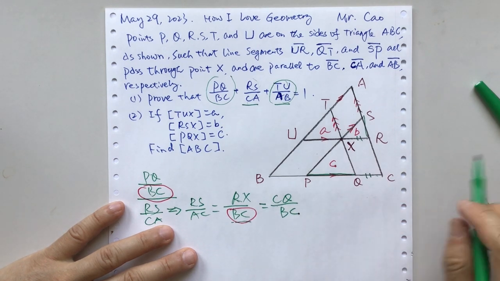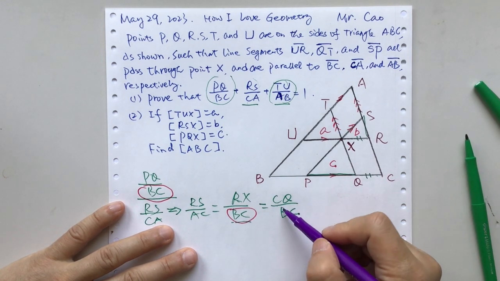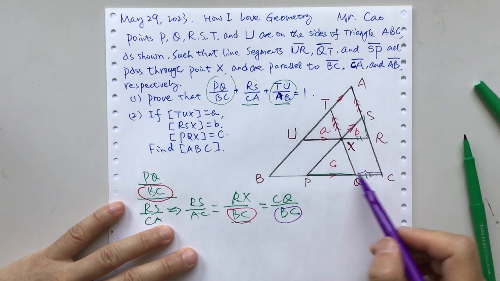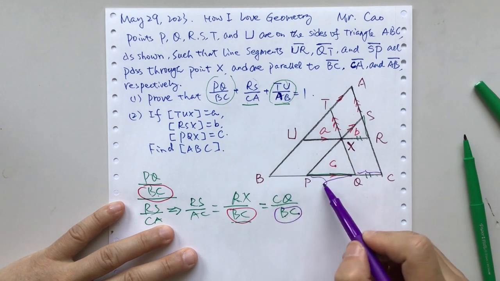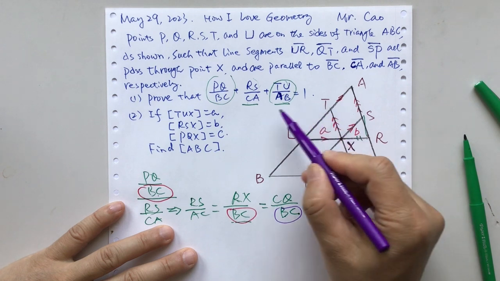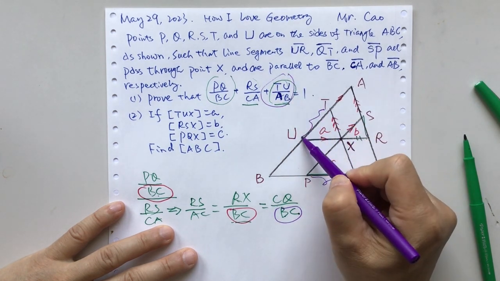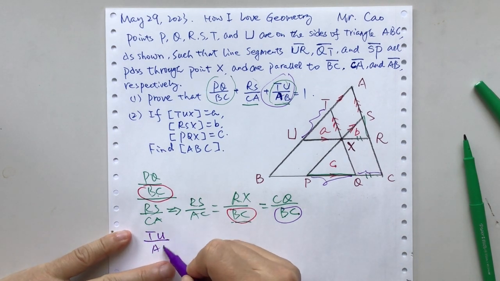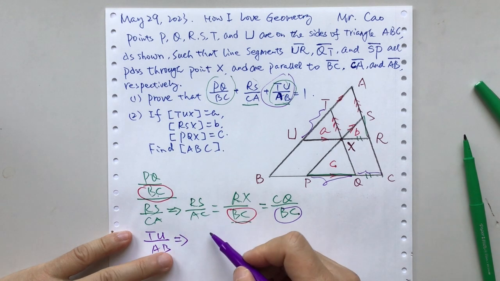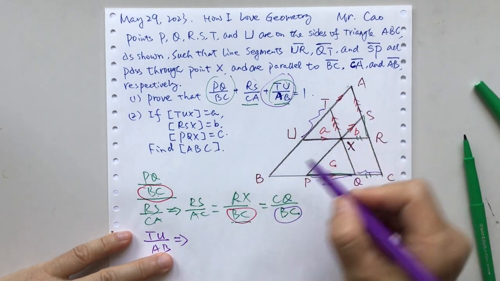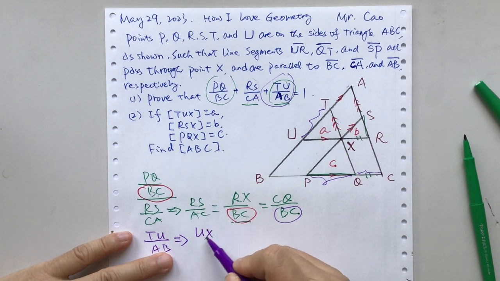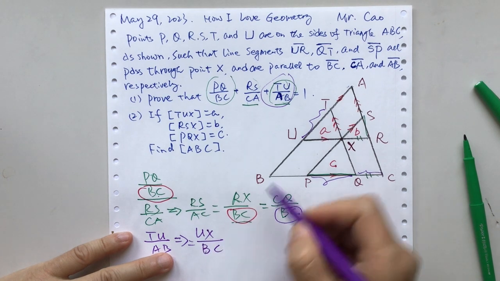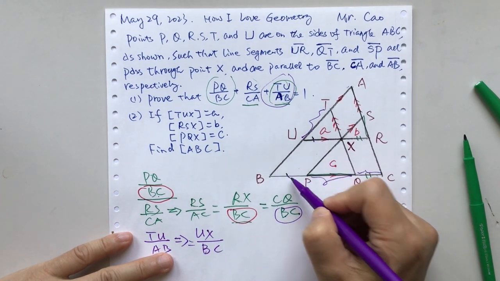Now we have almost solved the problem, because CQ is just a part of BC, and PQ is a part of BC. The last part is the same thing: TU over AB, we convert to UX over BC, because UX is congruent to BP.